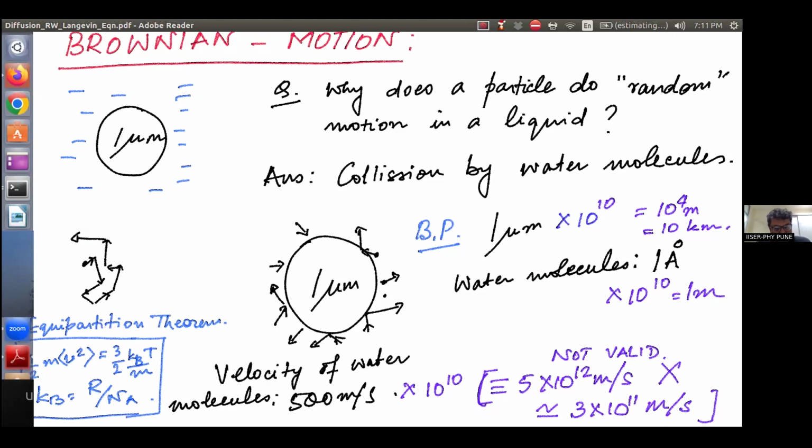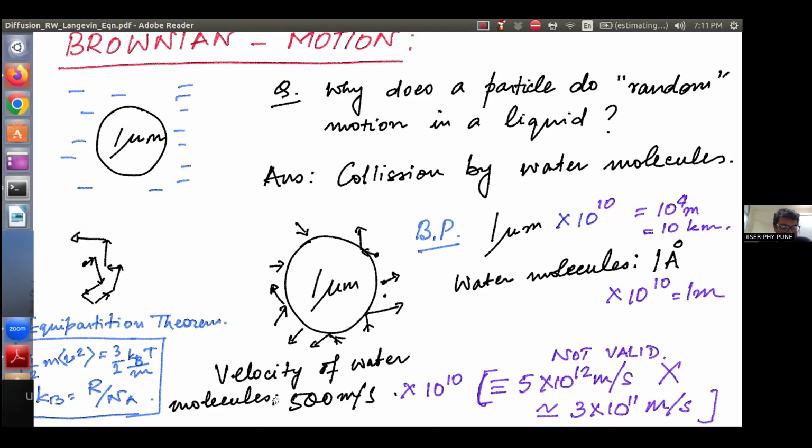Just to give you an idea, 10 meters per second is 36 kilometers per hour, right? So 100 meters per second is 360 kilometers per hour. So 500 meters per second is essentially 3600 kilometers per hour. That's a pretty high speed, right?